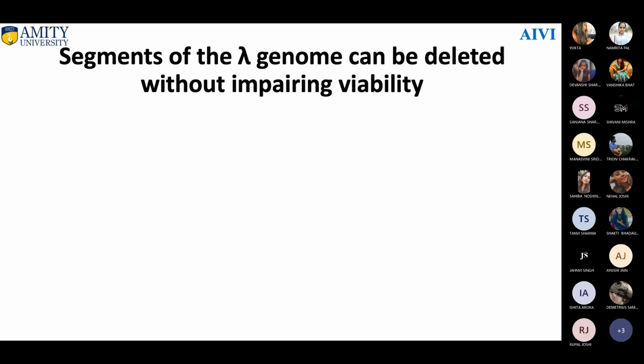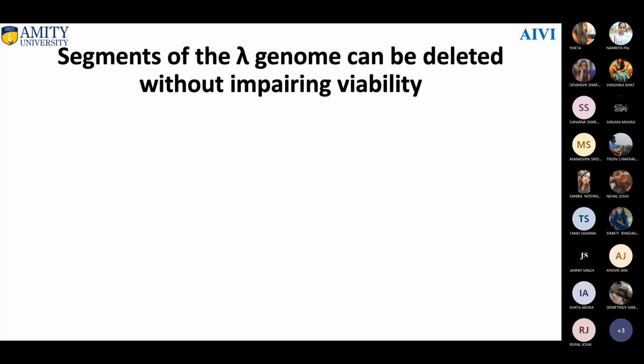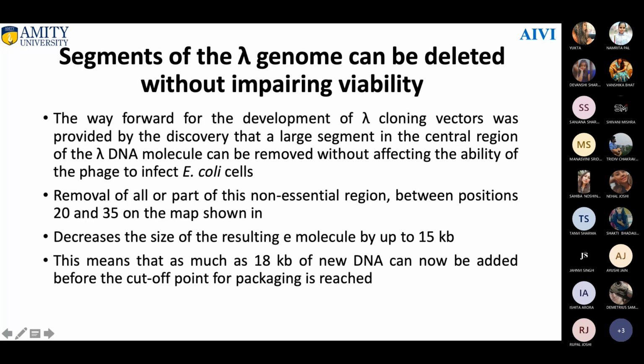Now coming to the first problem: segments that can be deleted without impairing viability. First we need to find which regions of your lambda genome you can remove. The way for developing lambda phage vectors was provided by the discovery of a large segment in the central region of the lambda genome that can be removed.